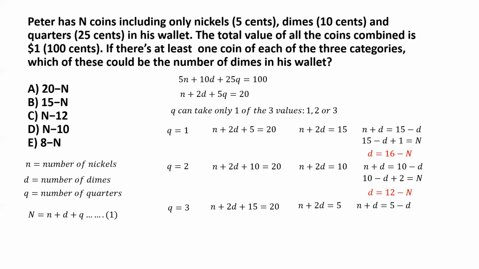So again, we substitute n plus d equal to 5 minus d in equation 1. In this case, q is 3. So we have 5 minus d plus 3 equal to N. And from this, we can obtain d is equal to 8 minus N. Now, going through all the given options, the option that represents a potential value for the number of dimes d will be option E, 8 minus N.